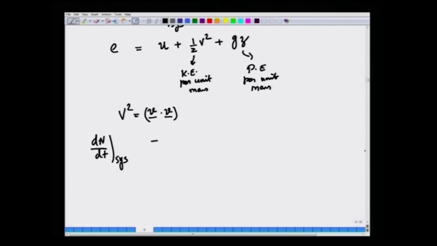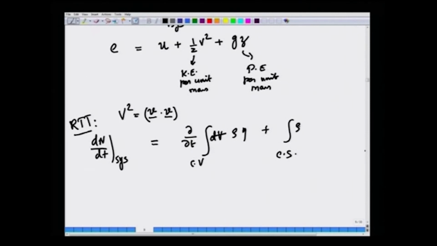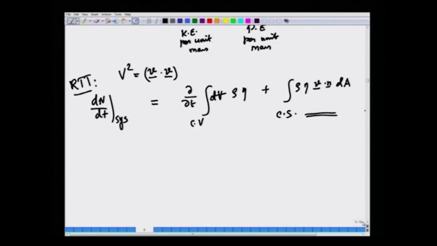This is the Reynolds transport theorem: d/dt of the integral over the CV of rho eta dV, plus the integral over the CS of rho eta v dot n dA over all the control surfaces. The first term is the rate at which a quantity like mass, momentum or energy changes within the control volume. The second is the flux term that takes mass, momentum or energy inside or outside the control volume by virtue of flow into and out of the control volume.